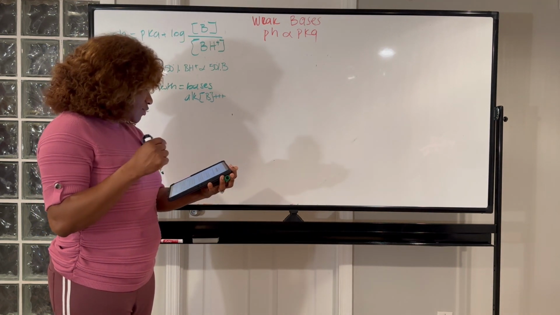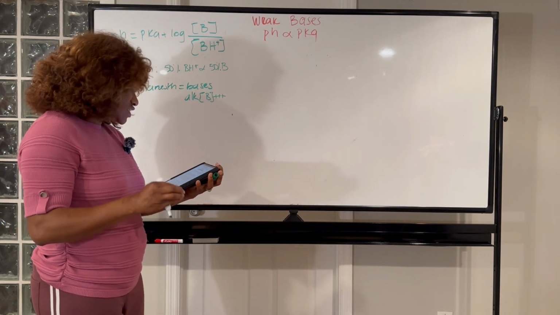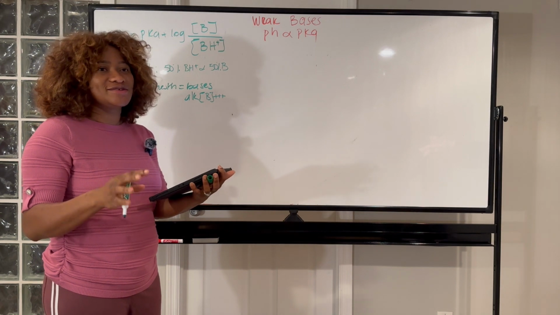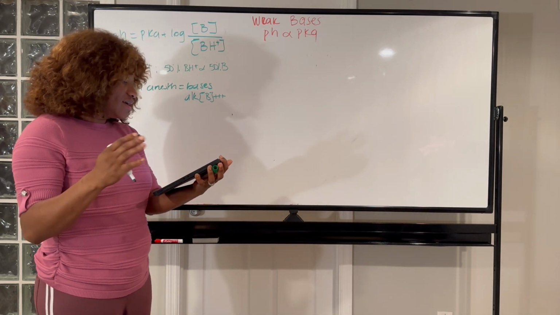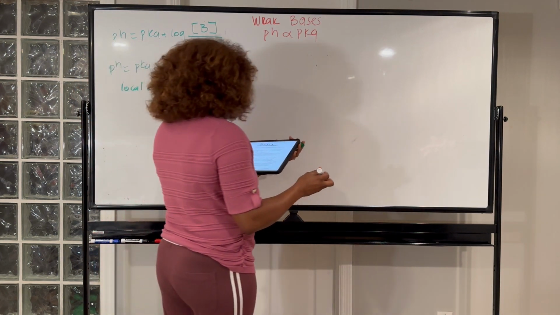Now, we are giving multiple agents and we want to know which one is going to be more ionized than the other. So let's list our agents.